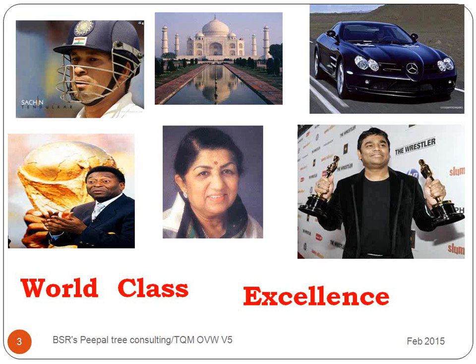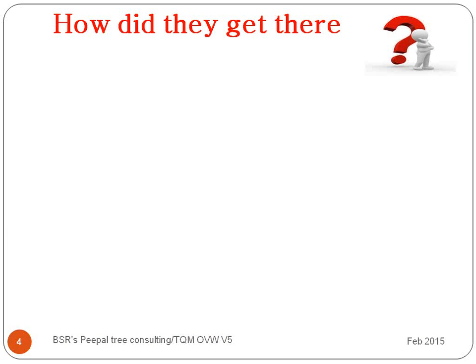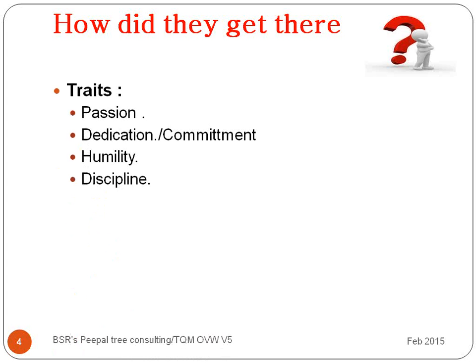So excellence is that trait in an individual or an object or an organization that would urge others in the same field to emulate them. That is what we could call excellence. If we look at it, what they got or what they are is important on one side, but more important for us to understand is how did they get there. So if you look at these people, how did they get to this position?